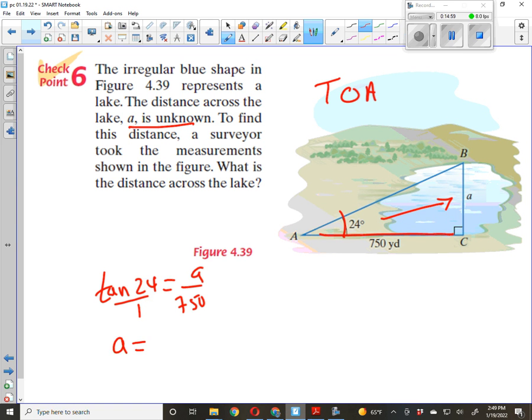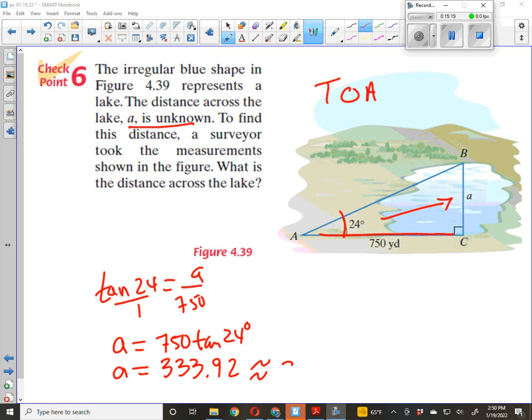We get A equals 750 times the tangent of 24 degrees, or 333.92. We would probably just say this is 334 feet, yards.